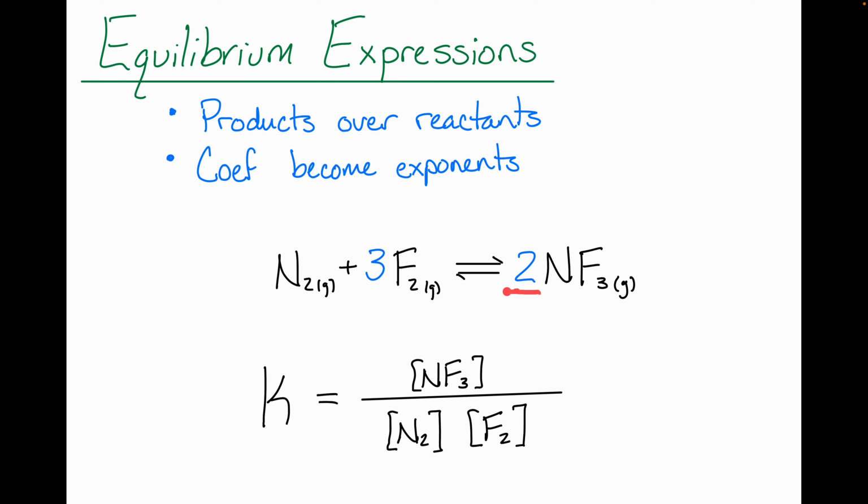We have this 2 out front of my product, that NF3, that nitrogen trifluoride. That means I'm going to raise that concentration of nitrogen trifluoride to the power of 2. My coefficient of 2 became an exponent of 2. What other exponent do I need to include here? The 3 from my fluorine. I'm going to need to cube that fluorine concentration.